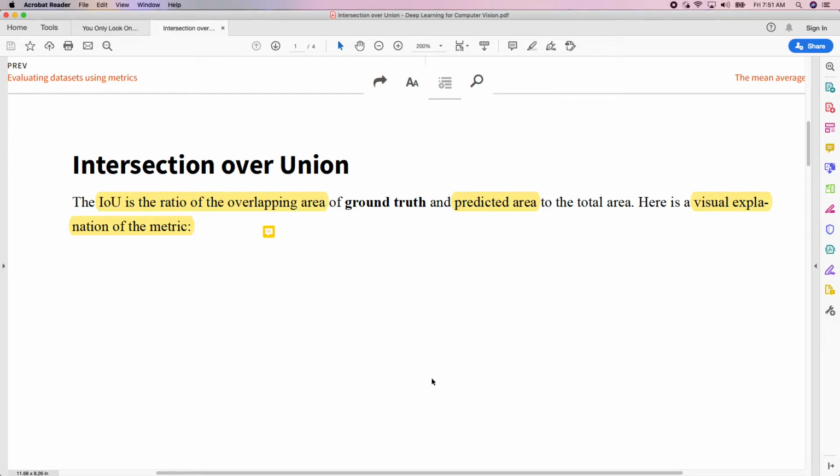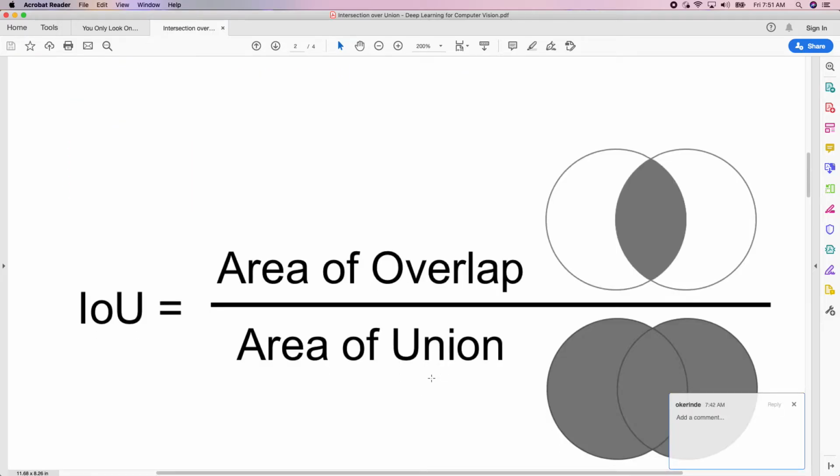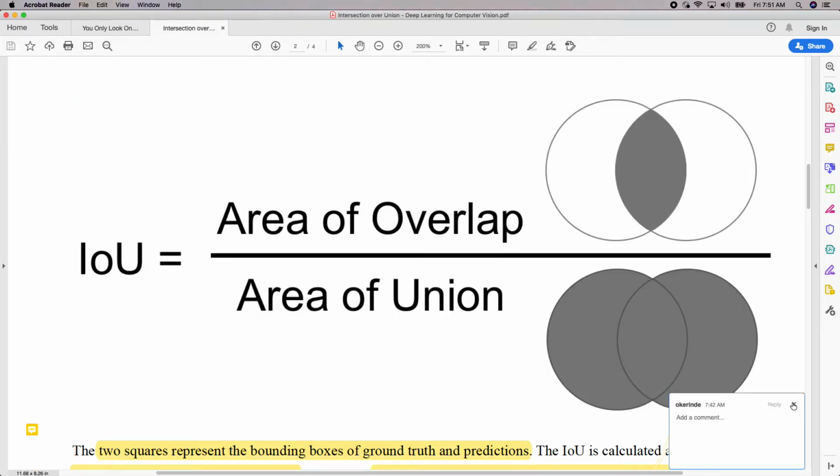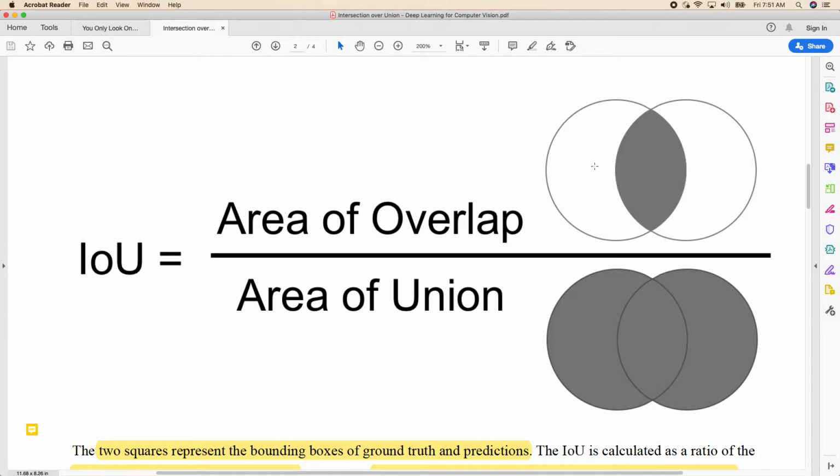So here is a visual explanation. In this case, they actually use circles, but in object detection we normally use rectangular boxes. The IOU is simply the area of overlap, also known as the area of intersection, divided by the area of union.